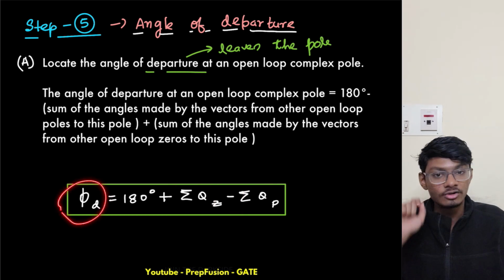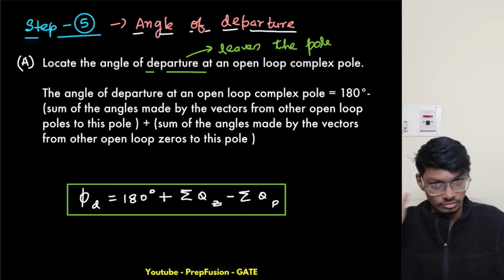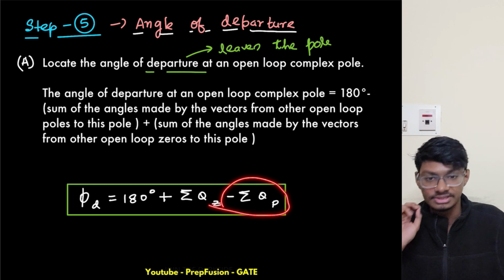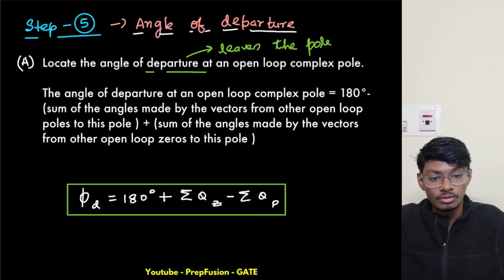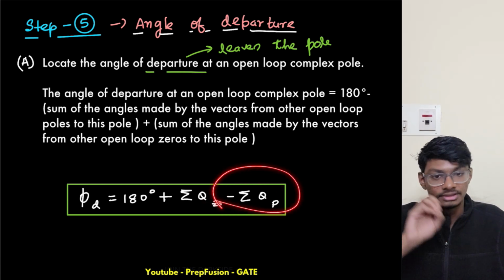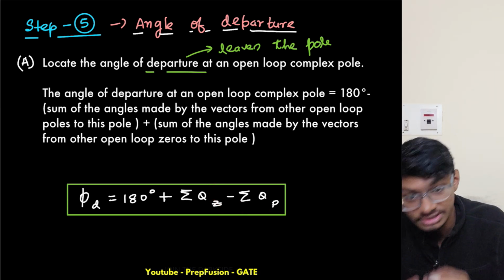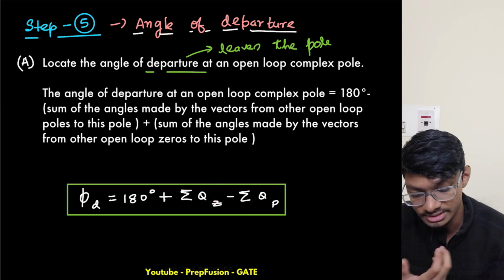Now whenever I need to find the angle of departure, what you remember is to always subtract this theta p, because I am calculating it for a pole. So for a pole always subtract theta p. This is how to remember the formula.